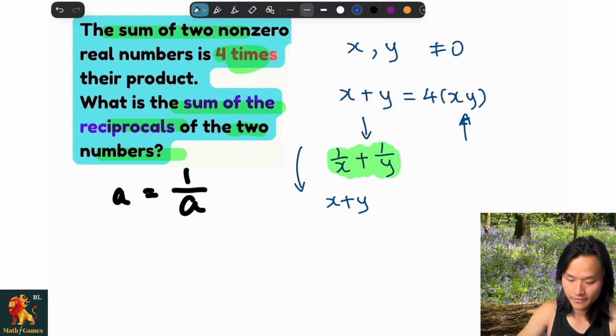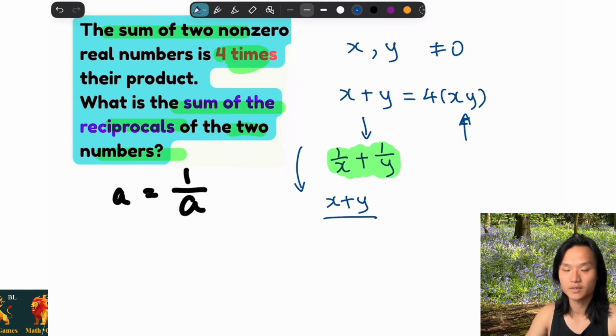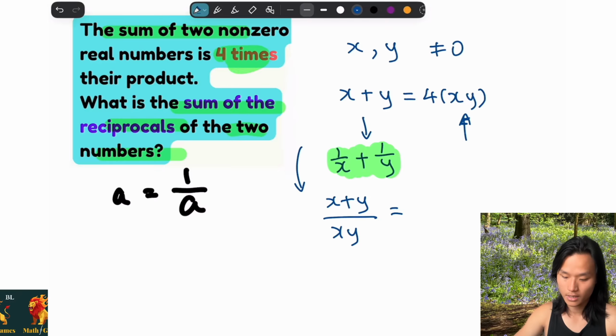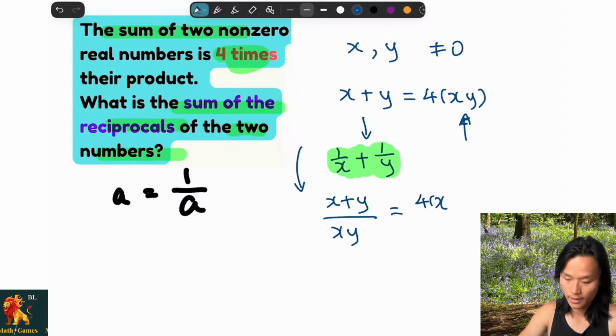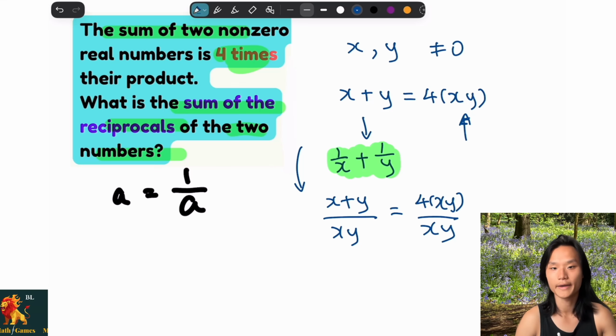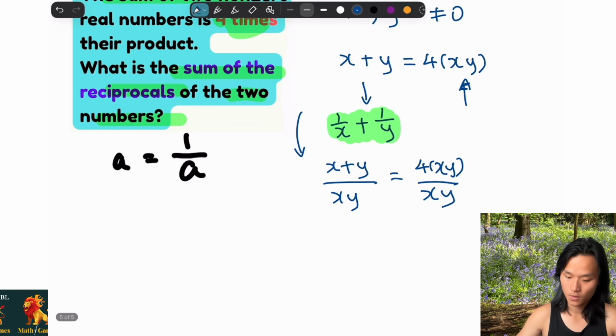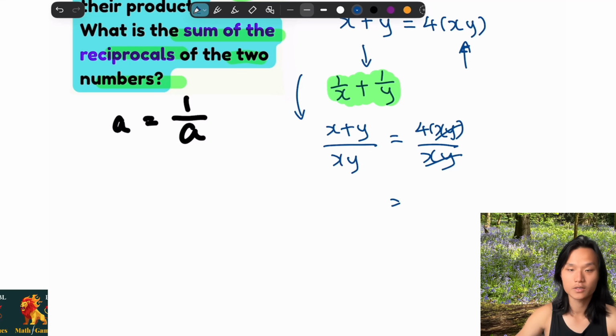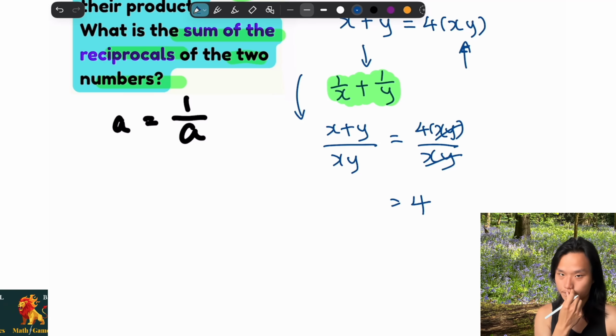On the left-hand side, we have x plus y divided by xy, and that equals 4xy divided by xy. As you can see, on the right-hand side, the xy's cancel out, and we get a 4.